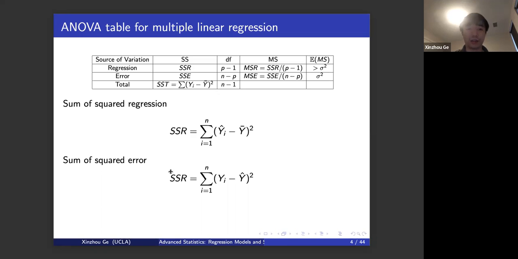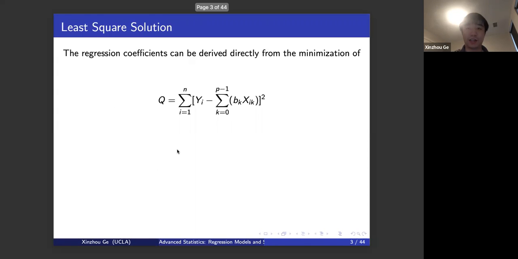And the second is called sum of squared error. It is a difference between, sorry, I forgot to add an i here. So it should be yi minus yi hat, and yi hat should be the predicted value for each observation i. The sum of squared error is just this, the yi minus the estimated response from the linear regression model.